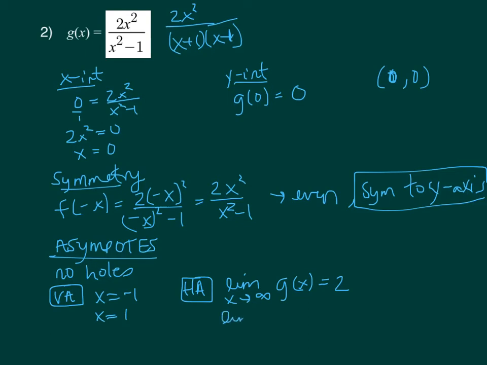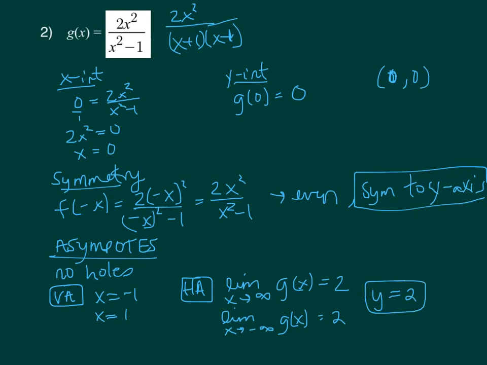The limit as x approaches negative infinity is again going to be 2, because it's squared over squared, the sign is not going to change. And so we end up with y equals 2 as our horizontal asymptote.